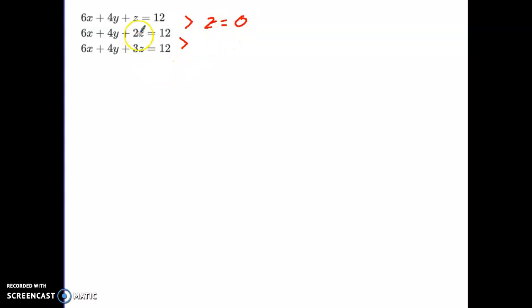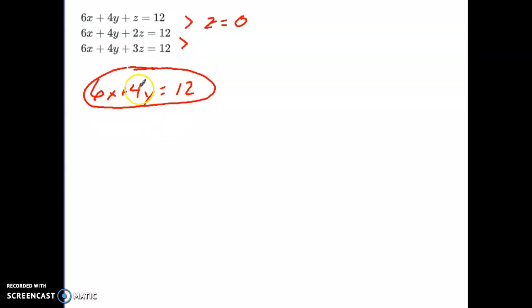Z equals 0. So if I just plug 0 in for z, every equation becomes 6x plus 4y equals 12. What that means is that these three planes intersect on this line. Okay? There's an entire line where they intersect and not just a single point.